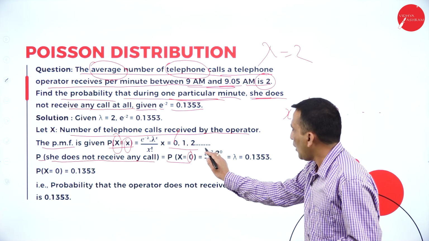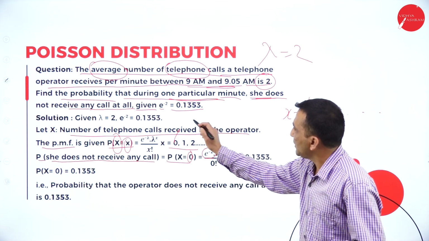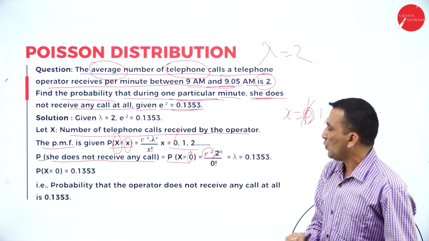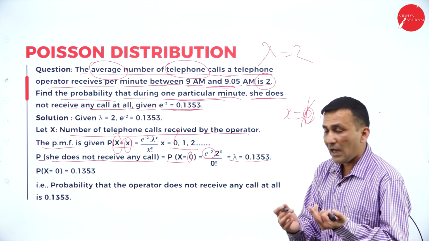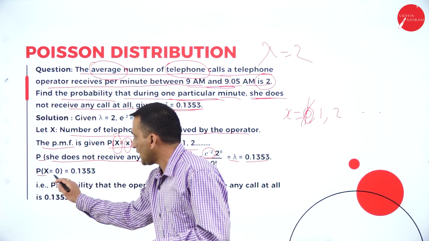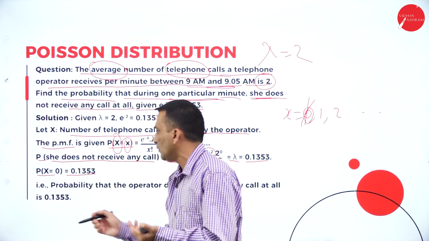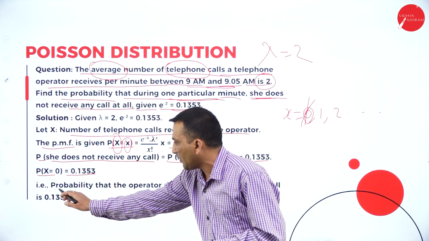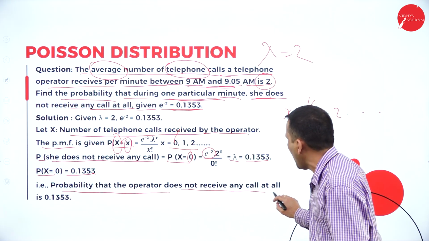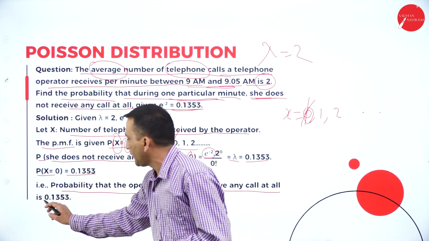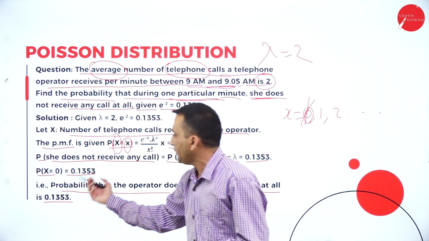So finally, in the question, the value e to the power of minus 2 is given. So the P of X, she is not receiving a call. Okay, now the statement you are writing, note, that is the probability that the operator does not receive any call at all, which is given in the question as 0 point, which is equal.